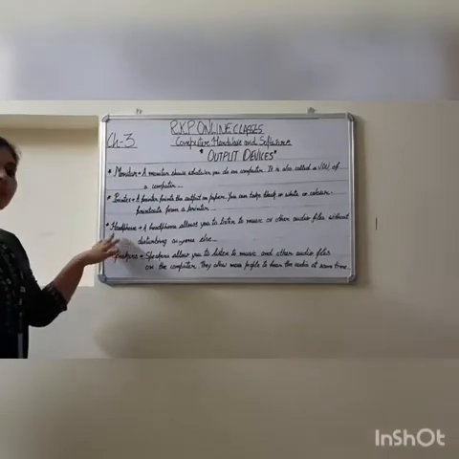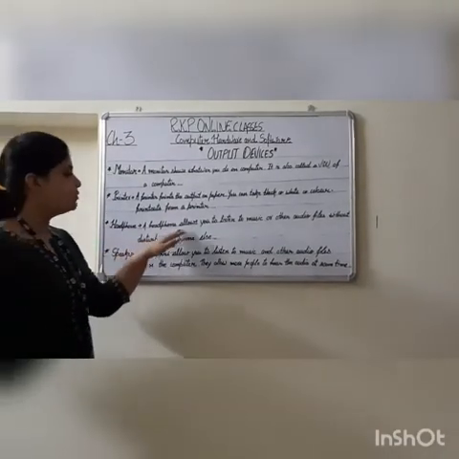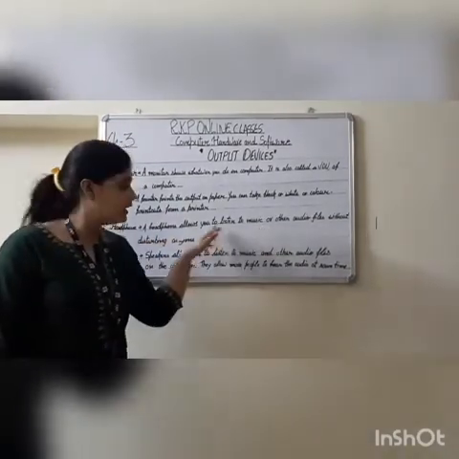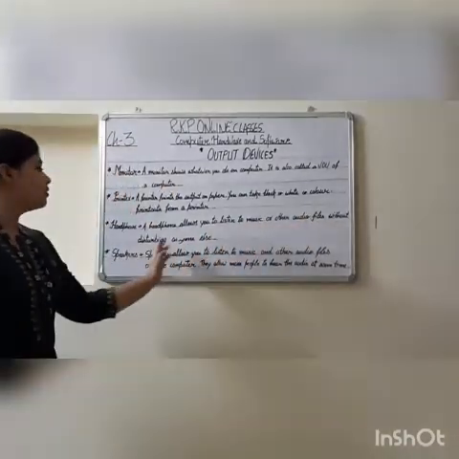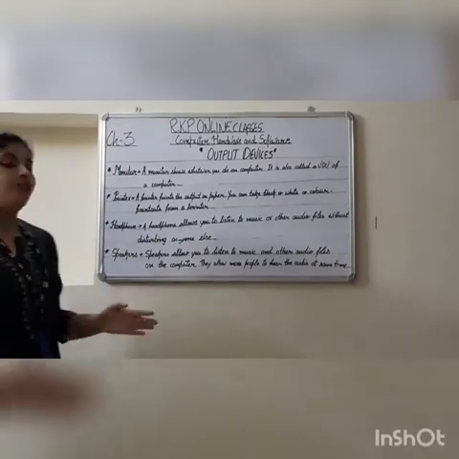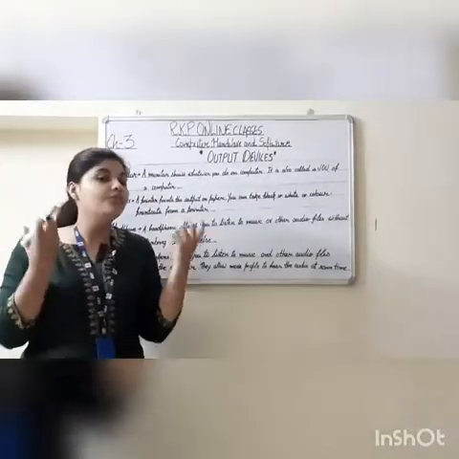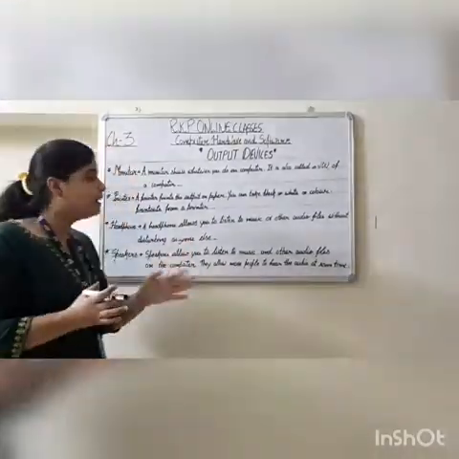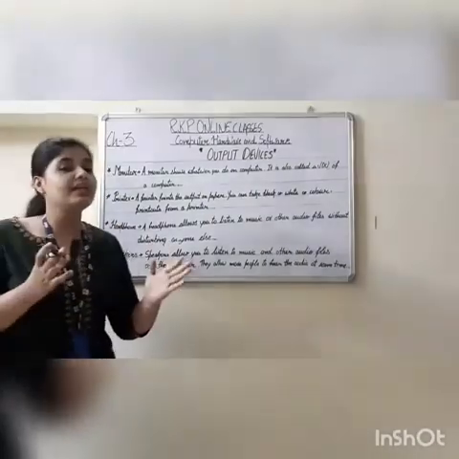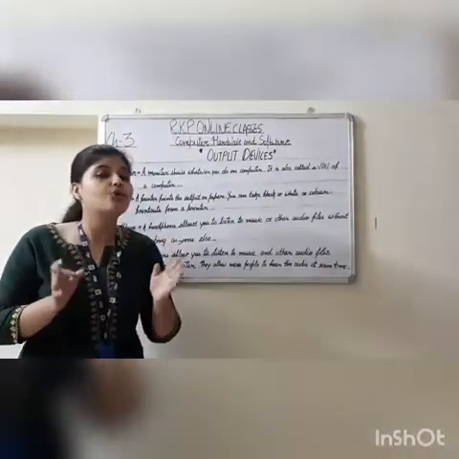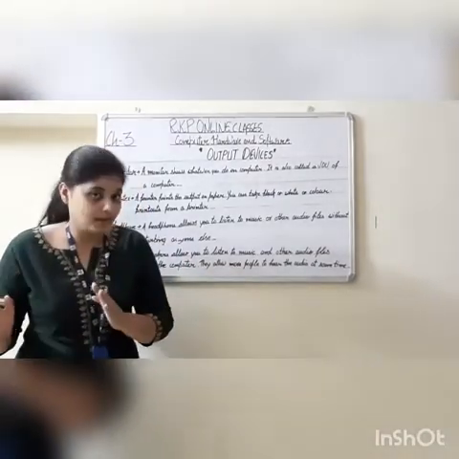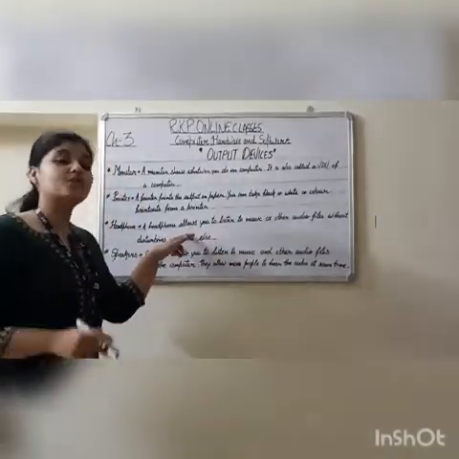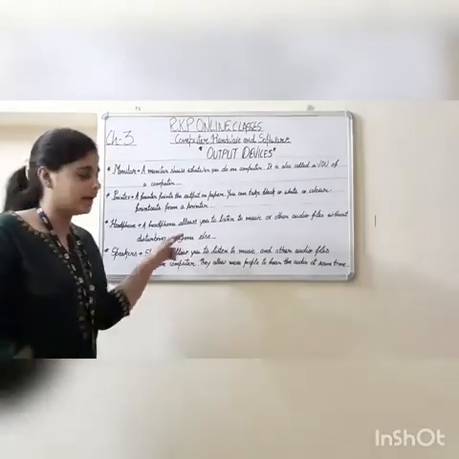Through this output device, we are able to listen to music without disturbing anyone else. Headphones are what we wear on our head, and through them we can listen to music or audio files, and it is not going to disturb other persons. Clear? It allows only one person to listen at one time.